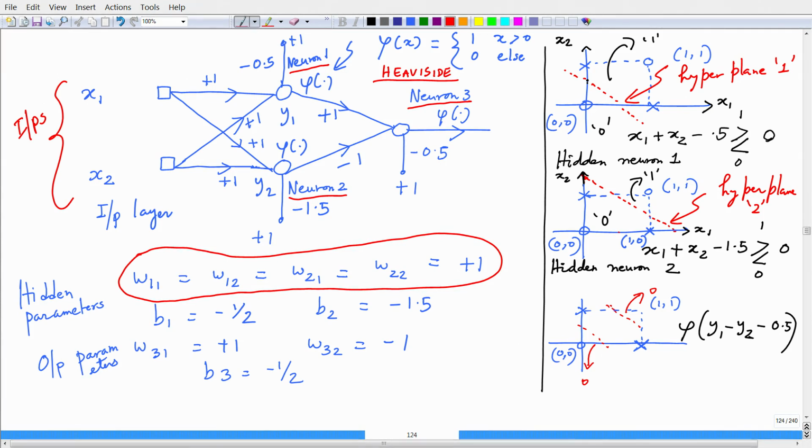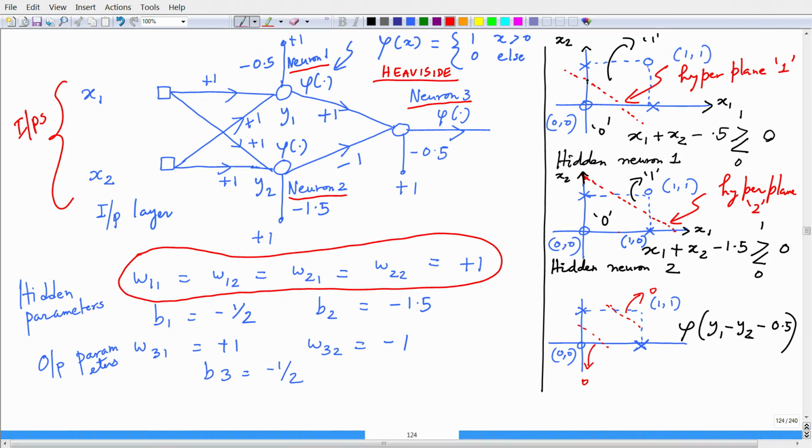We need to have 2 biases, and I will choose bias B1 to be -½ for neuron 1 and bias B2 to be -1.5 for neuron 2. Let us see how this works.